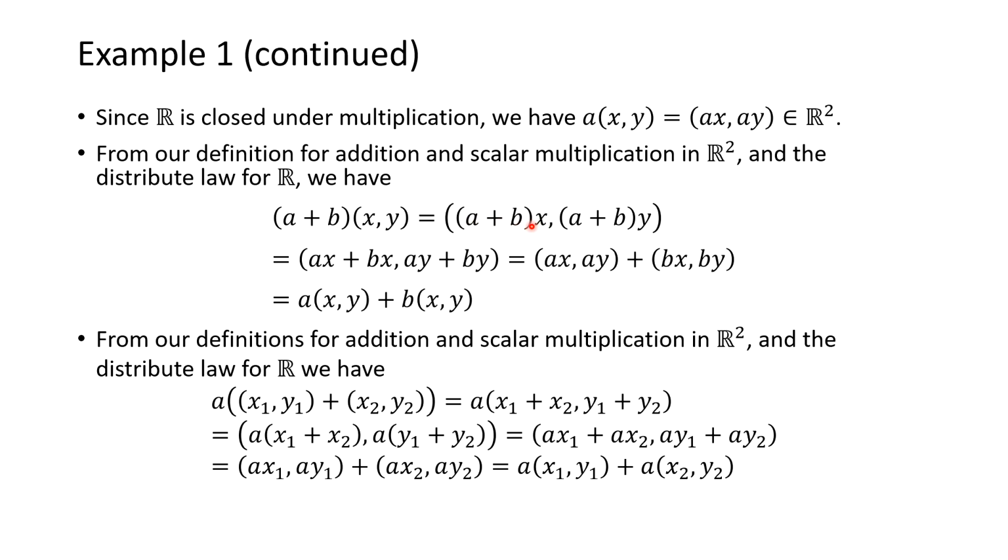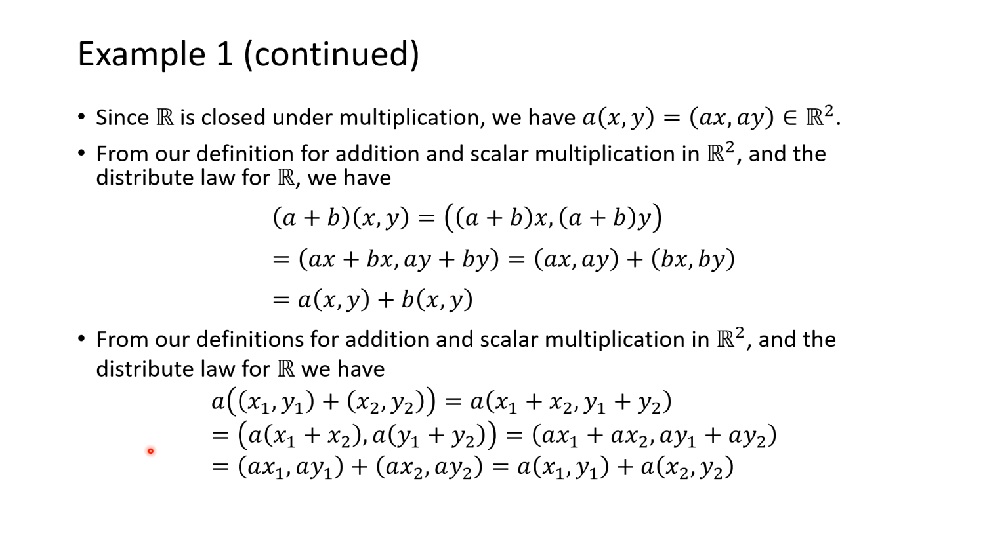This is just the distributive law for real numbers here and here. And then we can break this into two pieces, again, using the definition of vector addition. We get this, and then we can, again, use the definition of scalar multiplication to pull the a and the b out. We get this here. So we have a plus b times xy equals a times xy plus b times xy.